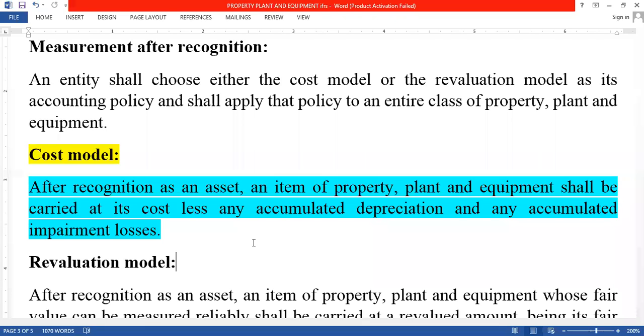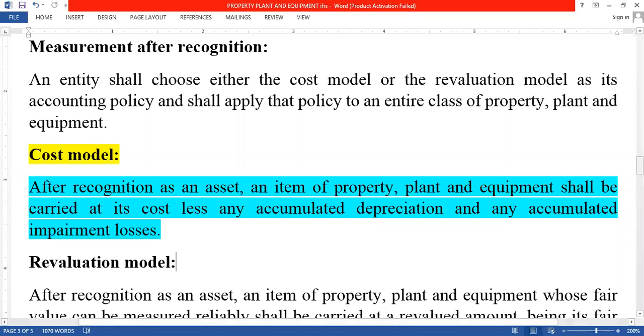Among them, this is the cost model, in which we measure an asset at its cost value by deducting accumulated depreciation and accumulated impairment losses.